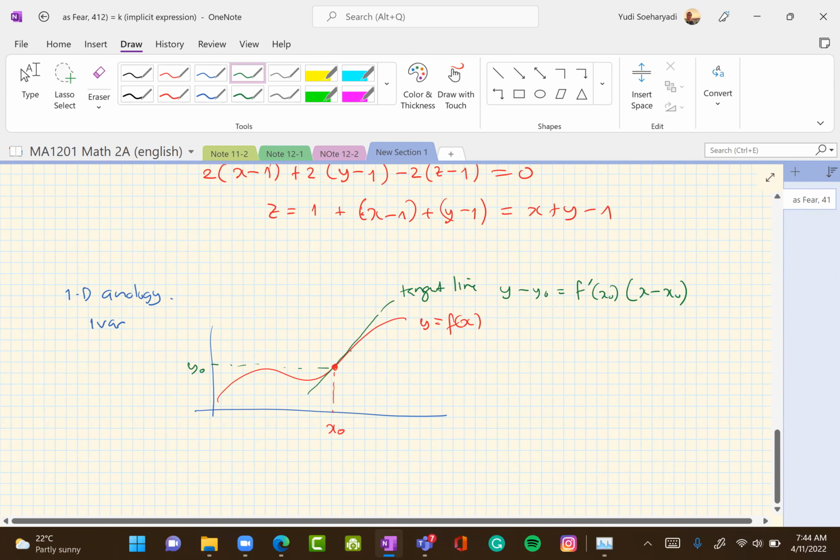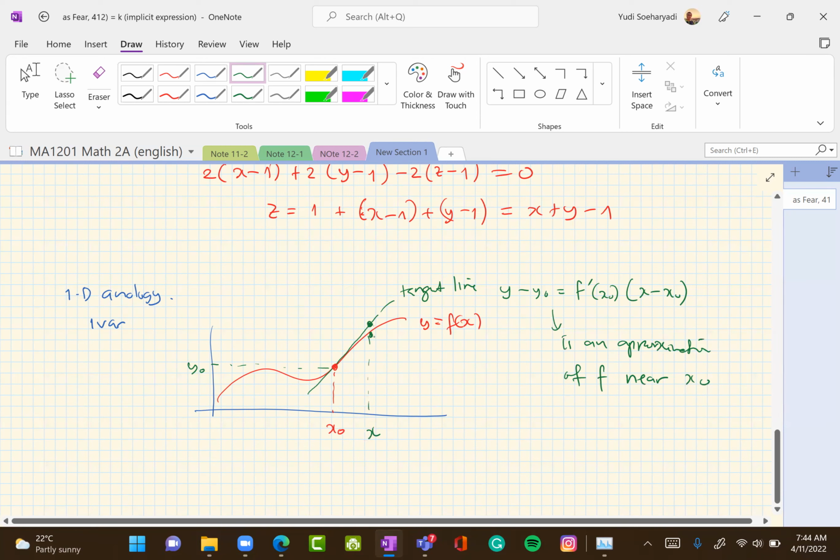This is an approximation of the value of f near x naught. Instead of this value here, we compute this value.